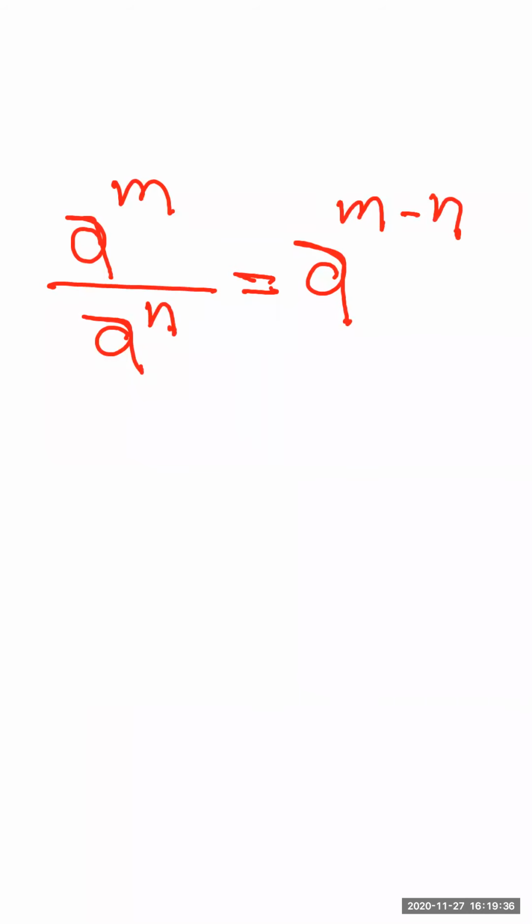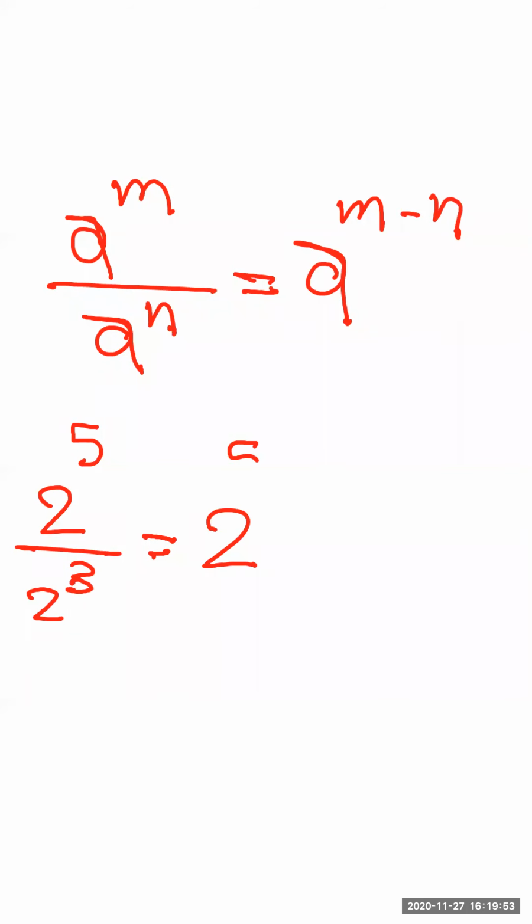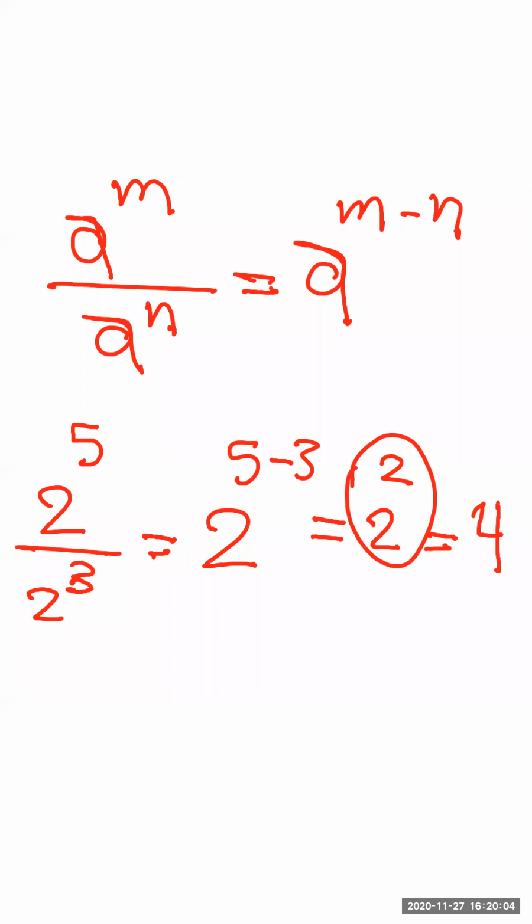One numerical example: 2 at the power of 5 divided by 2 at the power of 3. This will equal 2 at the power of 5 minus 3, which is 2 at the power of 2, which equals 4.